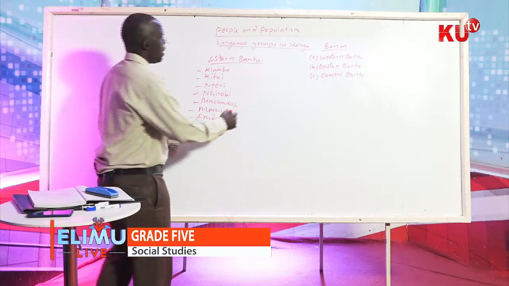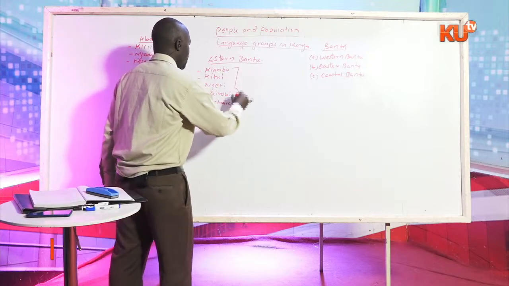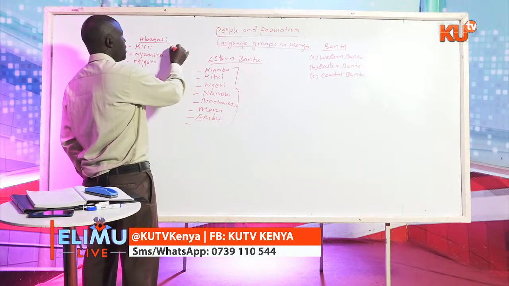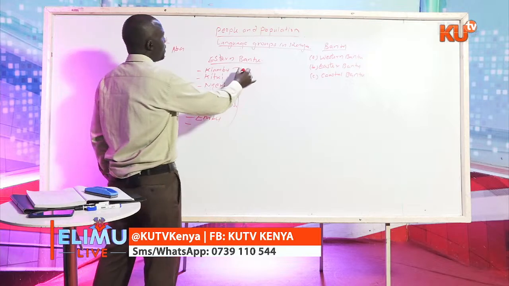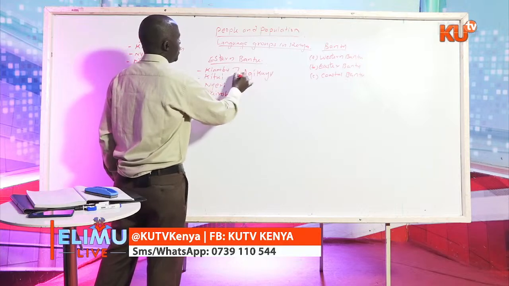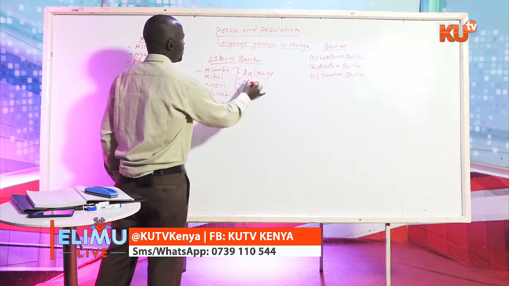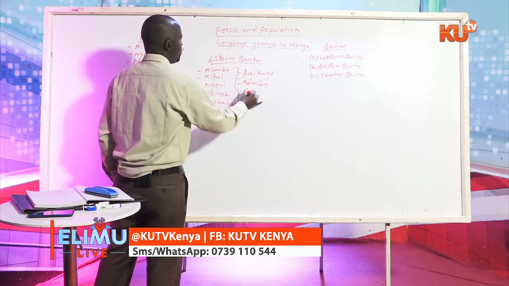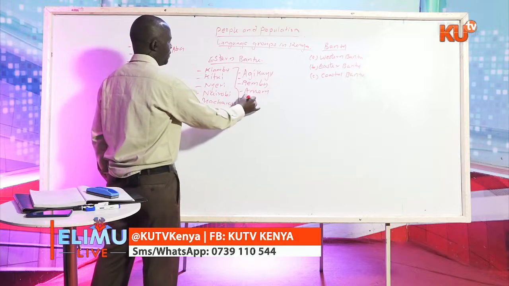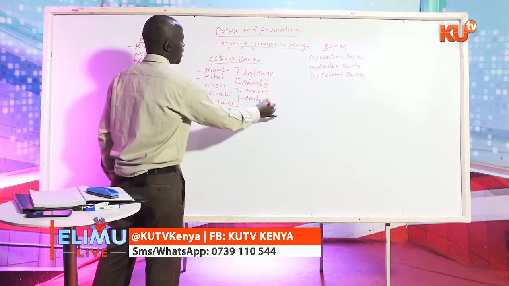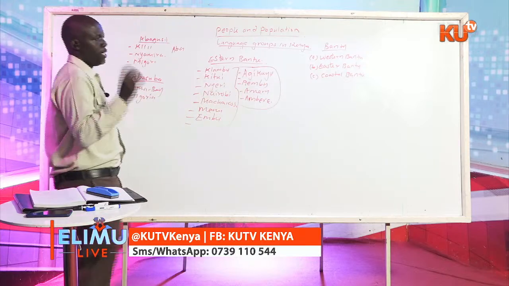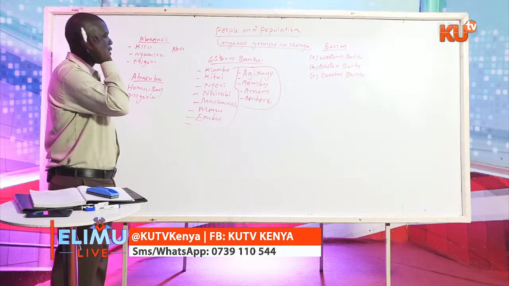Now, these are the groups that make up the Eastern Bantus. Just like the Western Bantus, whose names we said start with Aba, these ones here have names that start with A. For example, Agikuyu, we have Aembu, Ameru, then we have Ambere. Yes, so these ones are called Eastern Bantus. This is the group where we have the majority.